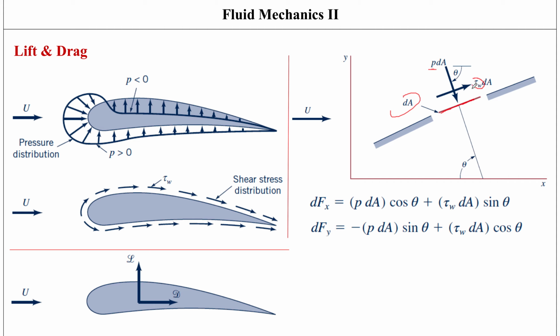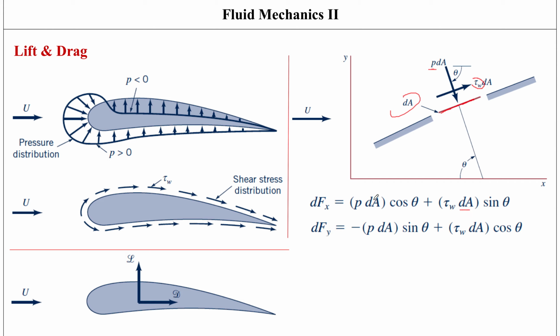So the resultant of both of these I can identify if I was looking at it in terms of the forces in x direction and forces in y direction, so x and y components of the fluid forces on the area element dA.